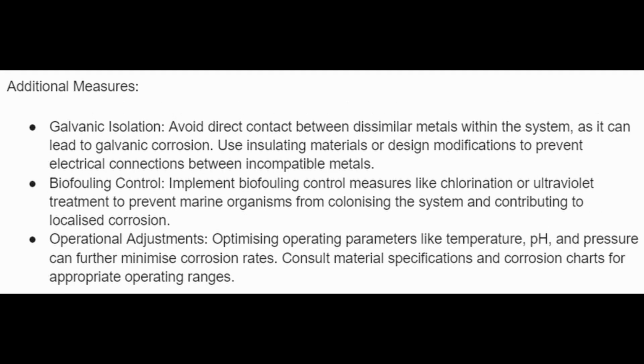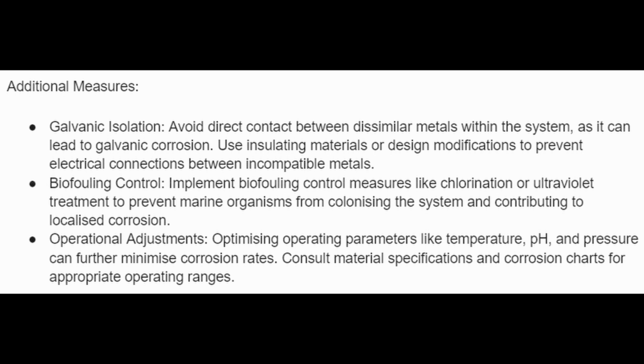Additional measures. Galvanic isolation. Avoid direct contact between dissimilar metals within the system, as it can lead to galvanic corrosion. Use insulating materials or design modifications to prevent electrical connections between incompatible metals. Biofouling control.